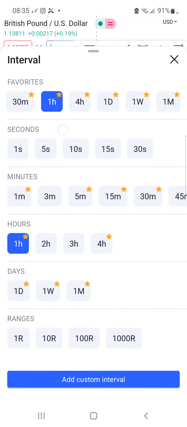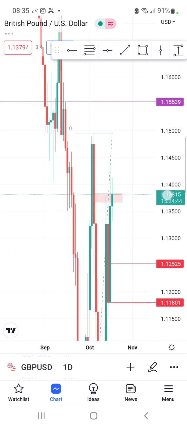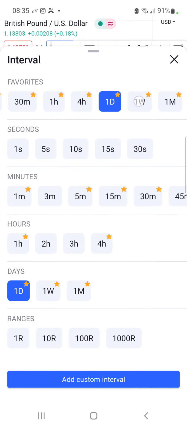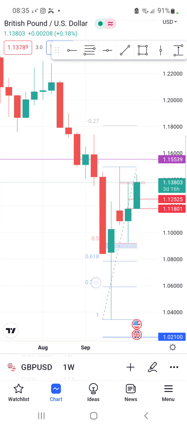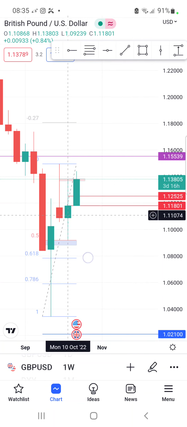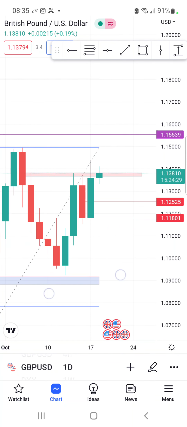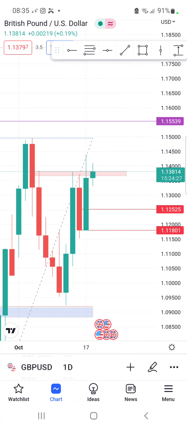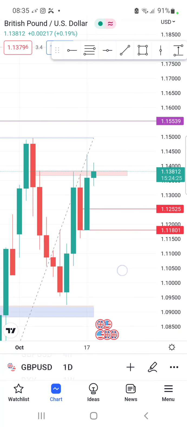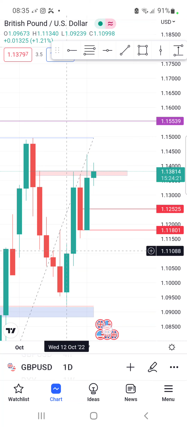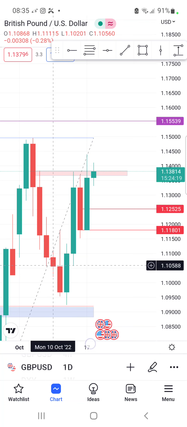Let me give you another example. This is daily. If you come to weekly, you can see last week was bullish, right? This is last week's candle. Let's go to daily and count. This was Friday, this is Thursday, this is Wednesday, this is Tuesday, this is Monday.